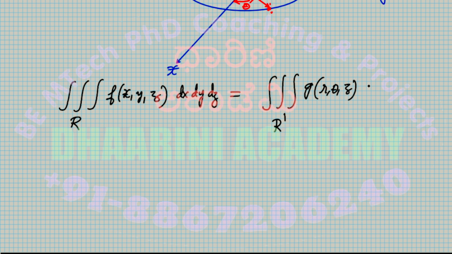I can move along the z-axis first, then along y, then along x, and I reach the same point. So the order in which you traverse doesn't matter. This is the simplest and most widely used form, called the rectangular coordinate system.